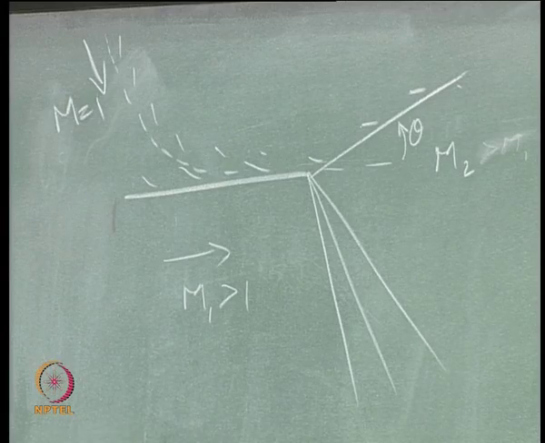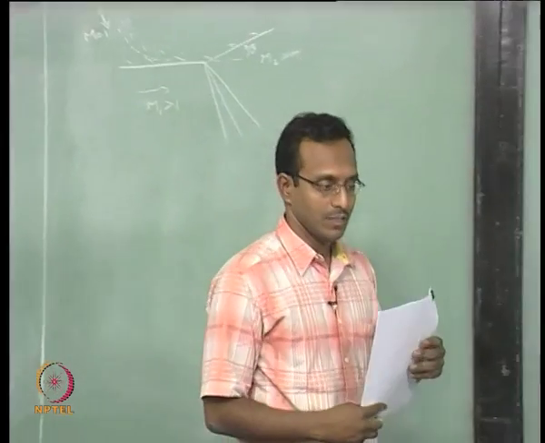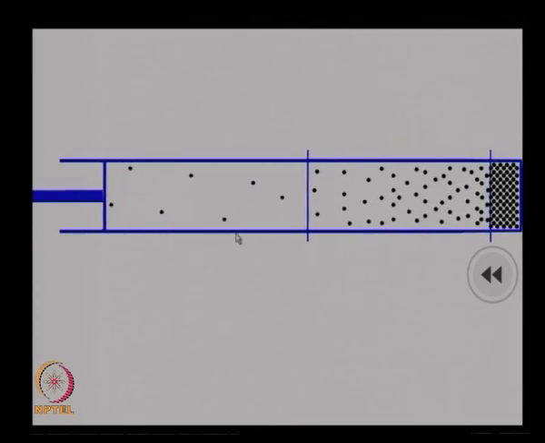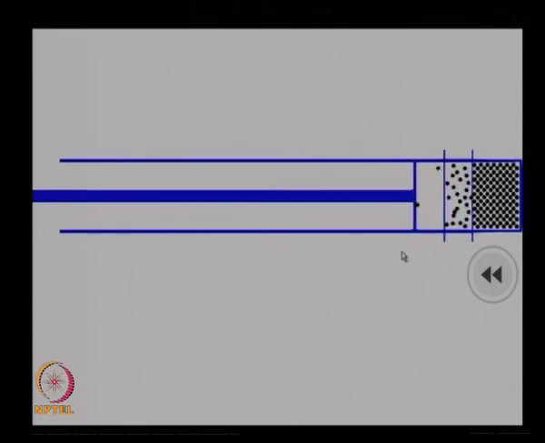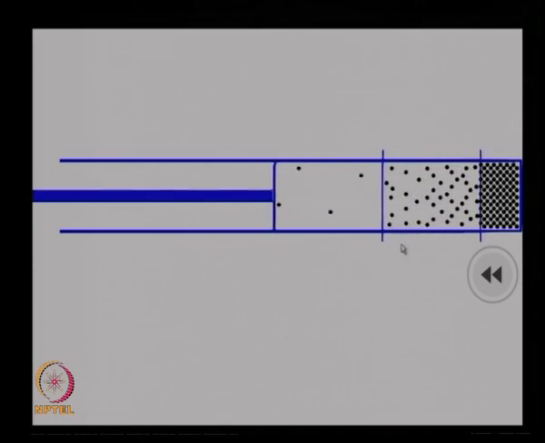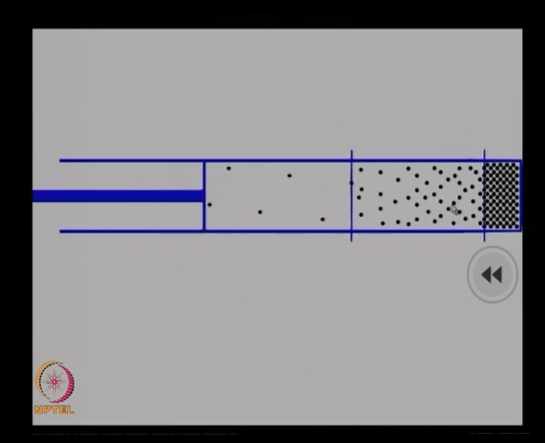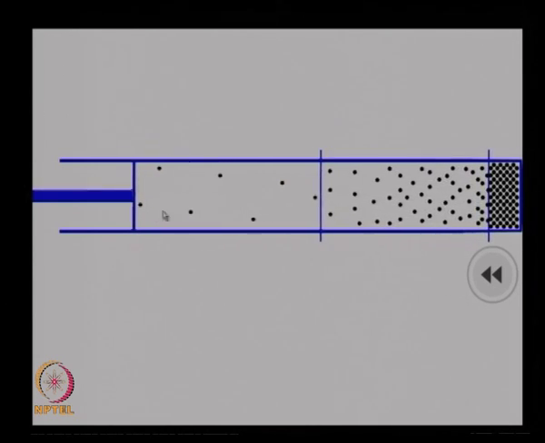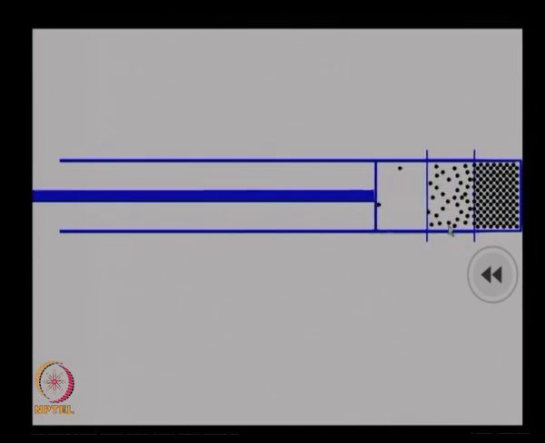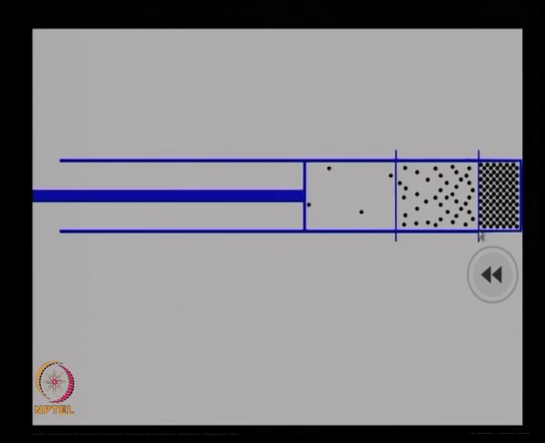Now we will just go for the animation there. This is the piston analogy problem we are showing here. We have a piston similar to the compression wave piston analogy we did before. The piston is expanding out at a constant rate, and when it is expanding, the first expansion wave goes in there.